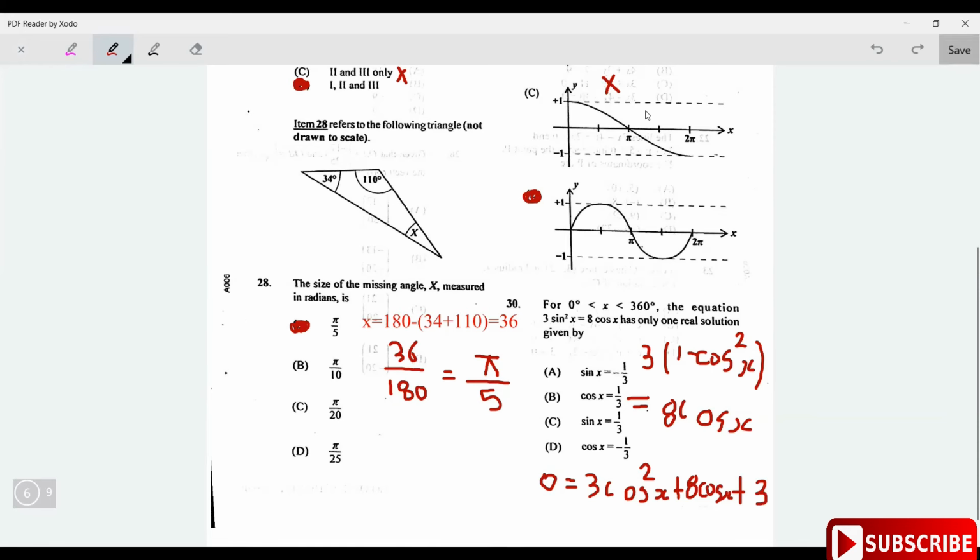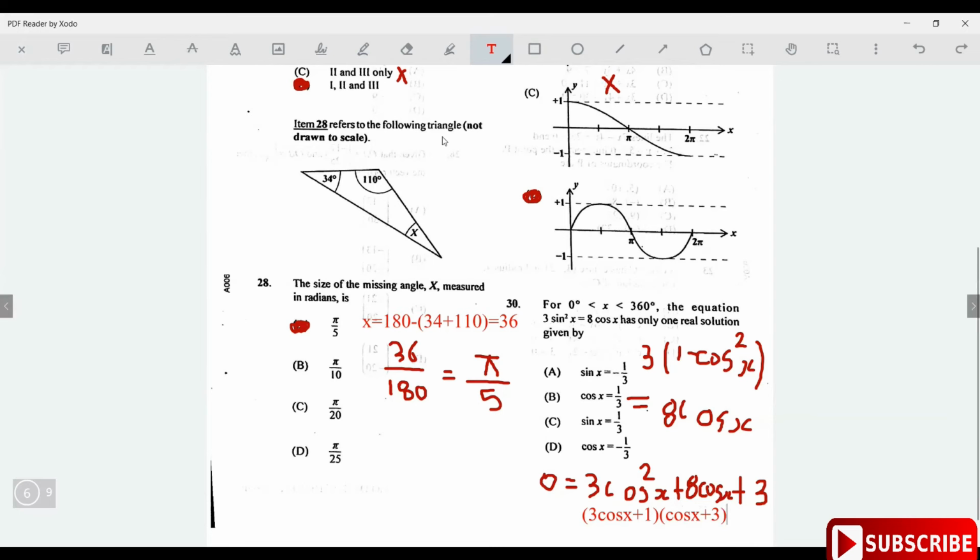Nice. Then all you need to do now is factorize 3 cos square x plus 8 cos x plus 3. You're going to get 3 cos x plus 1 multiplied by cos x plus 3. Is that right? Let's see.